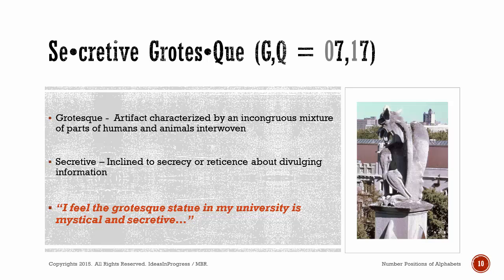Secretive grotesque. Grotesque is a statue which is distinctive because of its use of humans and animals into the statue. The adjective was secretive. In order to remember this combination and its position, remember the image on the right and the sentence, I feel the grotesque statue in my university is mystical and secretive.